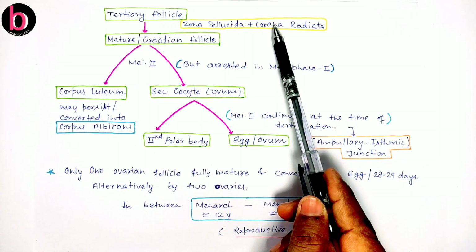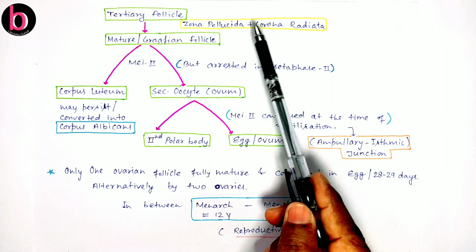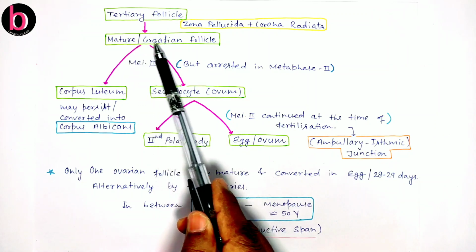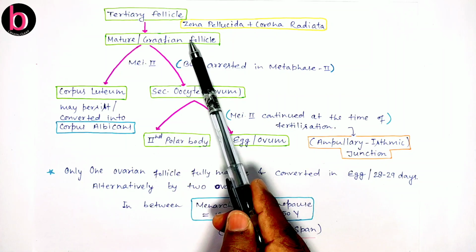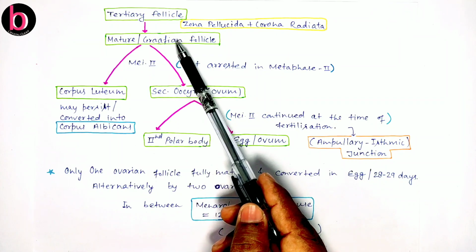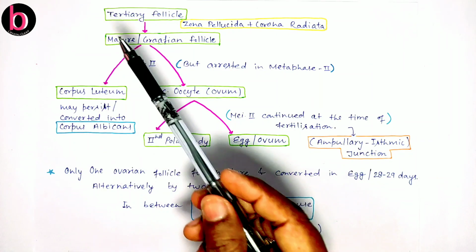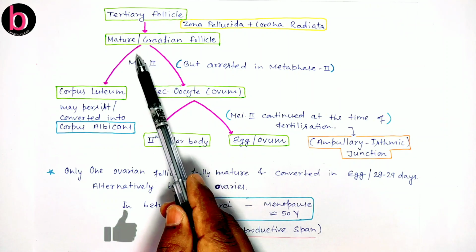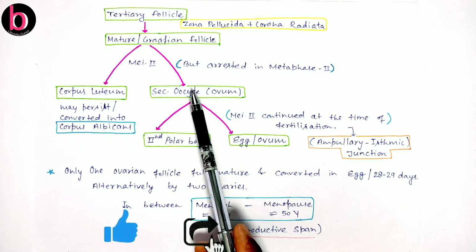This is formed by granulosa cells, and finally the tertiary follicle is converted into the mature or Graafian follicle. In the middle of the menstrual cycle, this Graafian follicle ruptures and there will be release of the secondary oocyte.